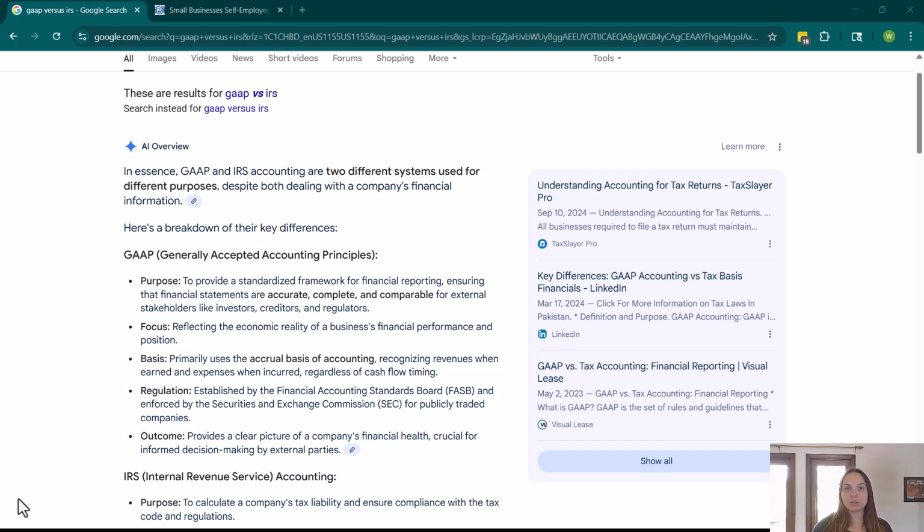The Internal Revenue Code is what governs how we complete taxes. GAAP is what governs how we present publicly traded companies. GAAP can be important for small businesses if you're a government contractor or if you plan on bringing on specific types of investors and or potentially going public one day. So that's where GAAP comes into play. So that's a general breakdown.